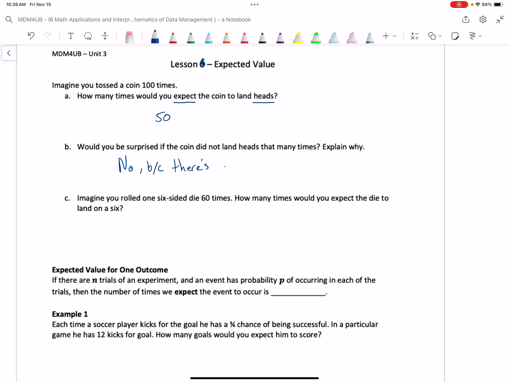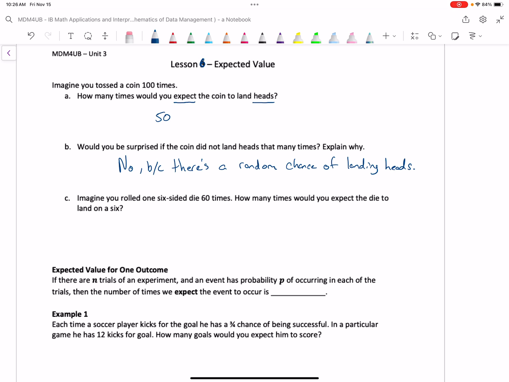So no, because there's a random chance of landing heads. And that randomness means that you might get 45 heads, 55, whatever it might be in between.